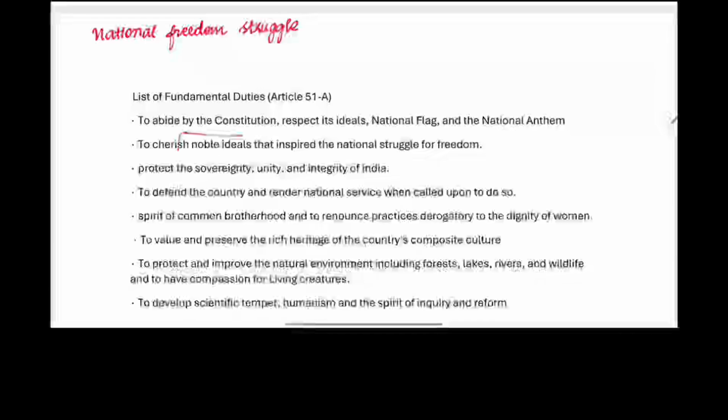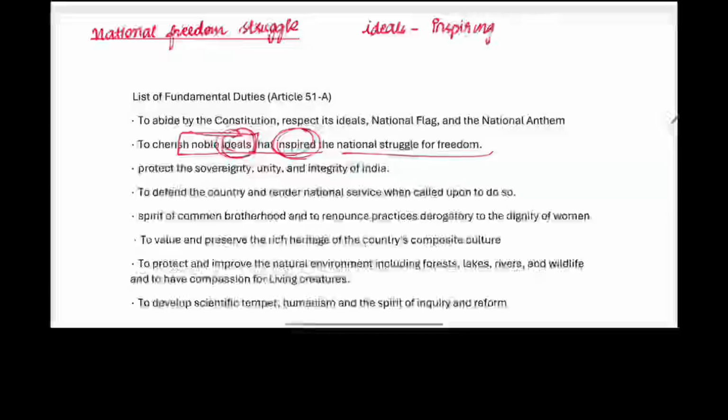We have noble ideals, and these ideals have inspired the national struggle for freedom. So to abide by the Constitution, we need to abide, and then from the Constitution we have a flag and an anthem, right?